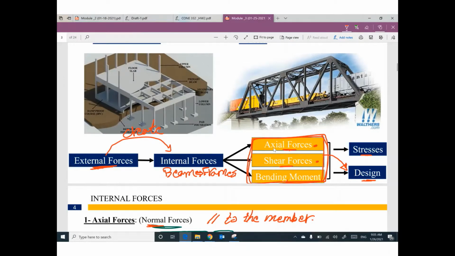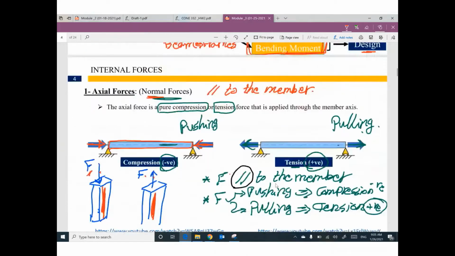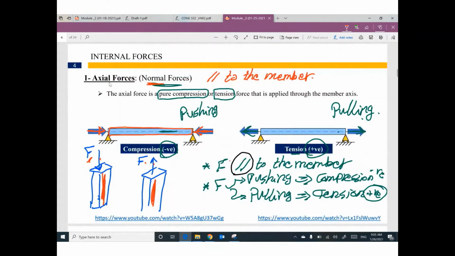These internal forces can be axial force, shear force, bending moment. The axial force is a force that must be parallel to the member. Sometimes it's pushing, sometimes it's pulling, based on whether it's tension or compression.